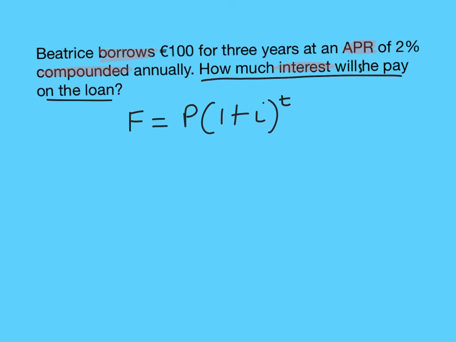Okay, so how much interest? So again, remember that my final amount is equal to my principal plus interest. So if I want interest, I'm going to do final minus principal.